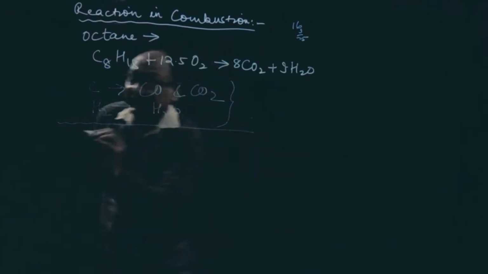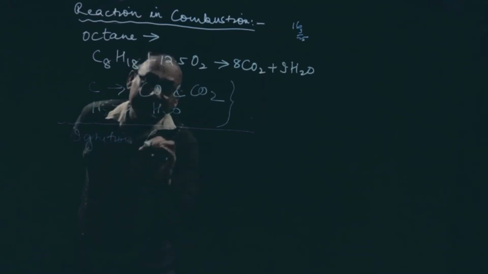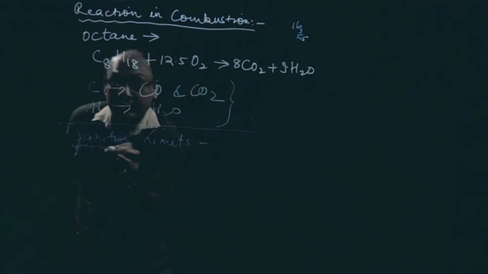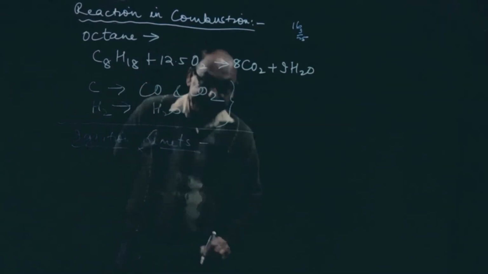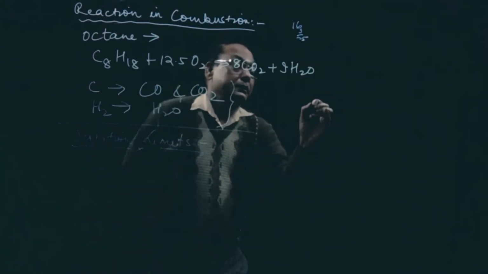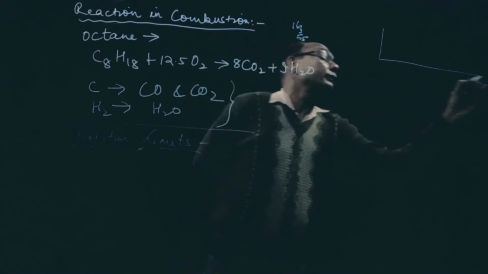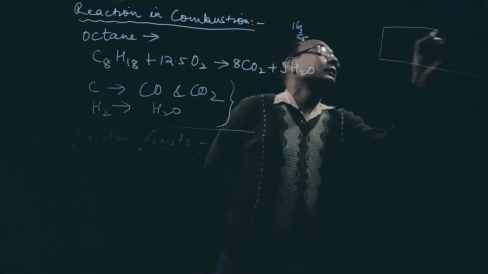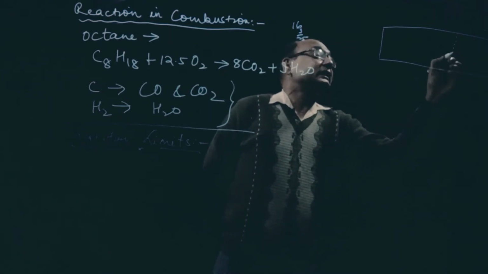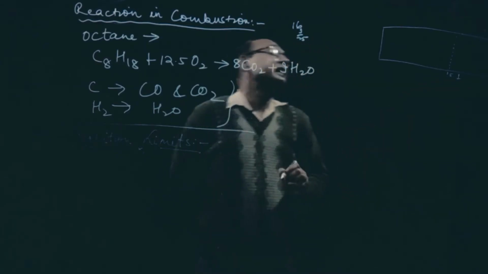Now, there are ignition limits. What are the limits of the ignition? It is basically the air fuel ratio. So this is the 15:1 stoichiometric ratio, and these are 7, 21, 9.